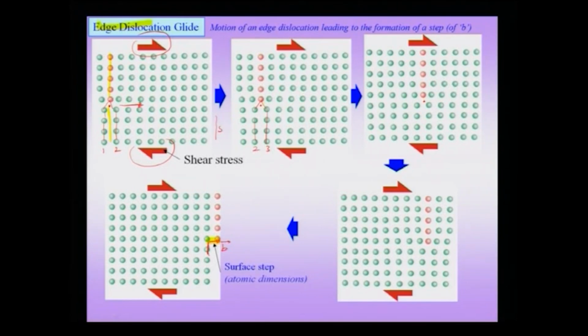If I plot my sigma xx contours, these are isostress contours, I will notice that there is a compressive region above and a tensile stress below, and these stresses would lead to the distortion of the crystal.